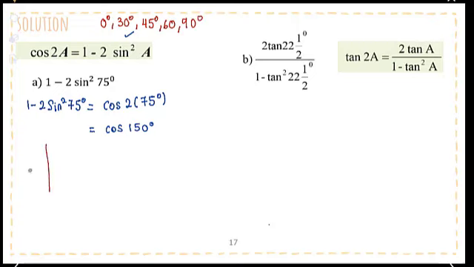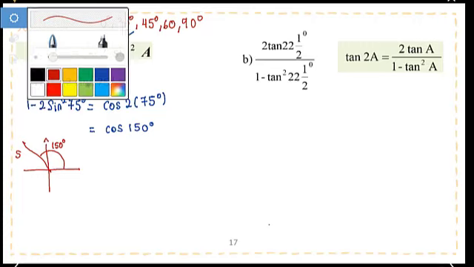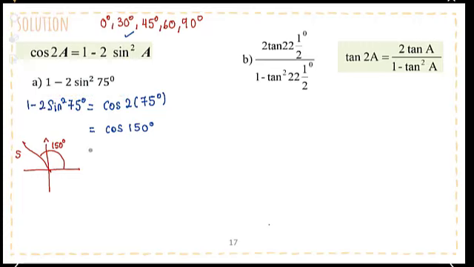So what I'm going to do is draw my angle because I want to know which quadrant it belongs to. This angle 150 degree belongs to the second quadrant, which is the sine quadrant. Since this quadrant belongs to sine, cos cannot be positive, so our answer is going to be a negative cos. We need to find the reference angle.